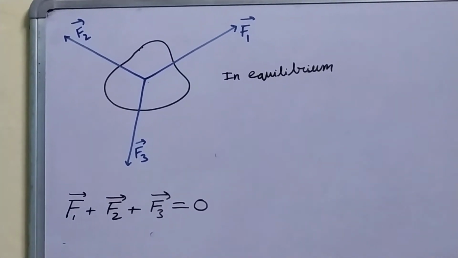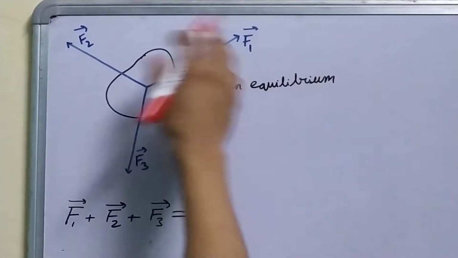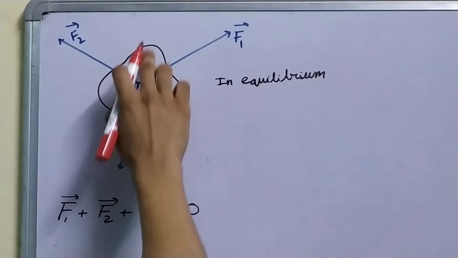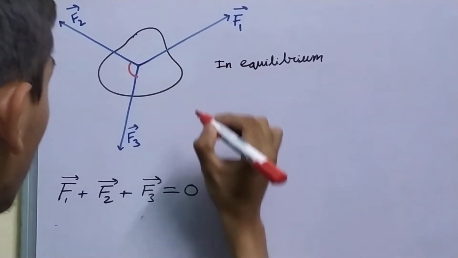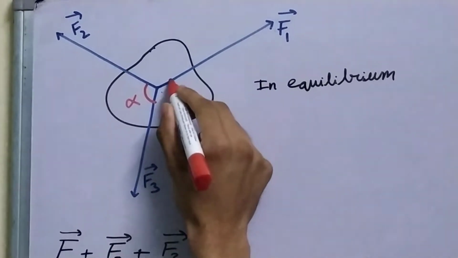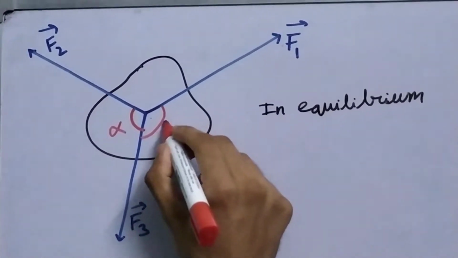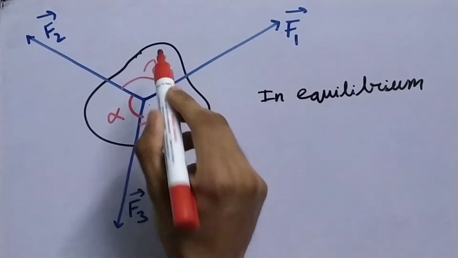Now what we are also given are the angles that the forces make between them. So this angle, we call this alpha, we call this beta, let me call this one as gamma.